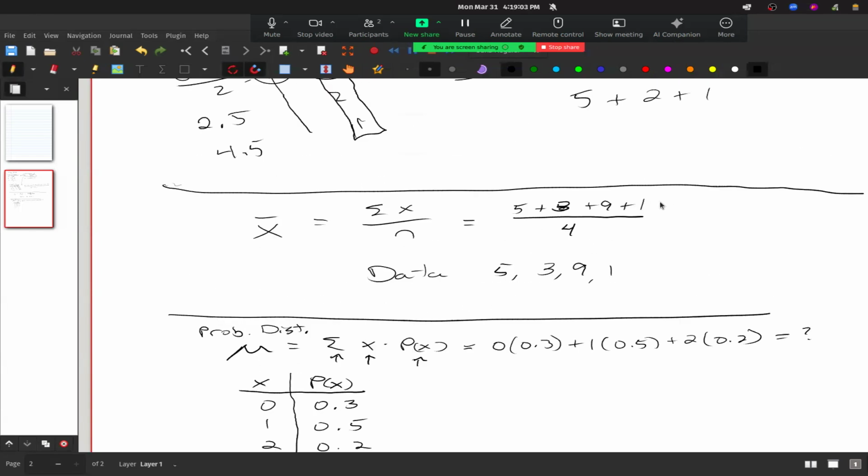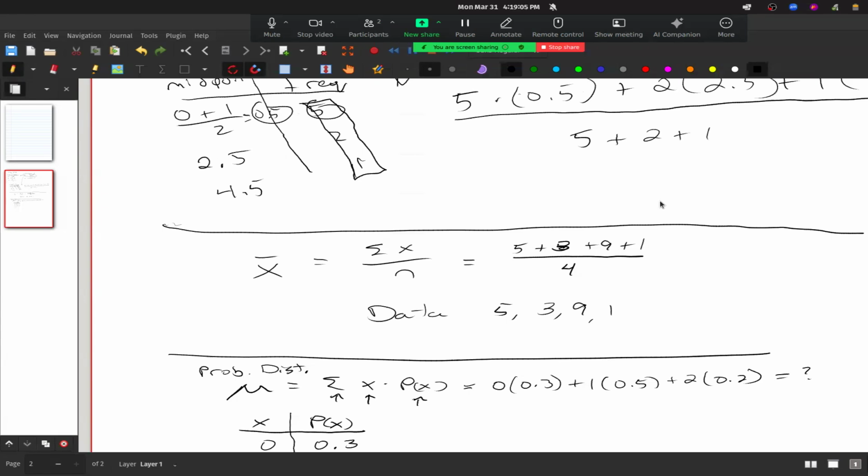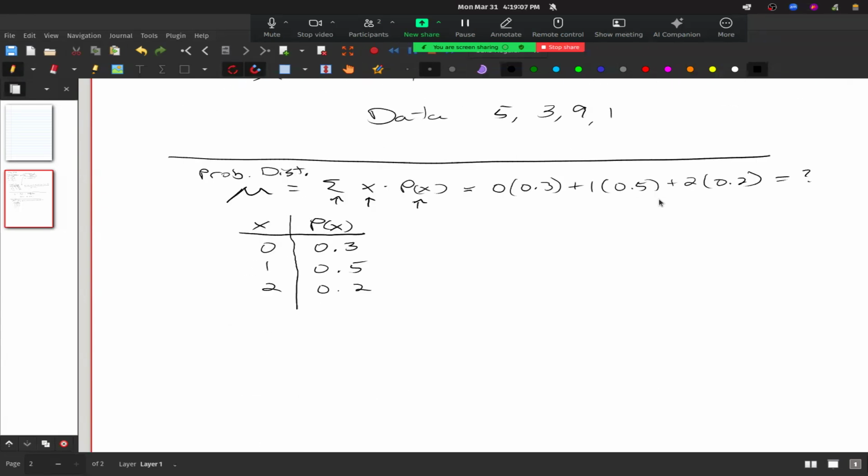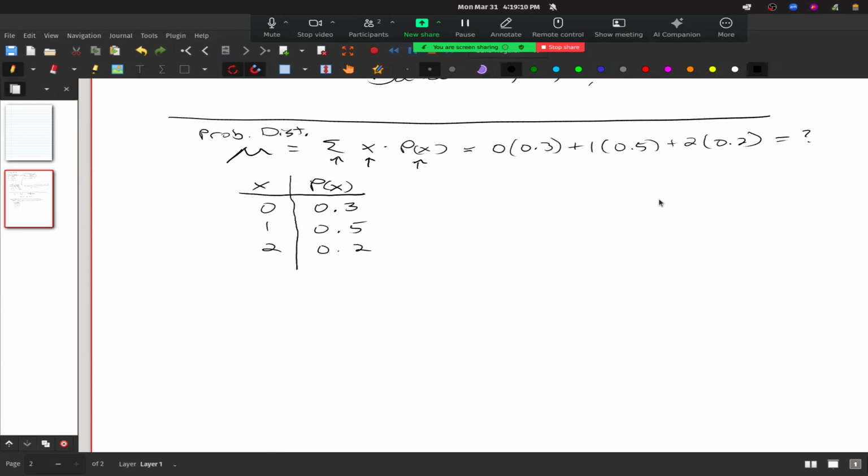All right, so we've got those three means. What that last one is, where it says mean equals n times p, that's kind of the same idea as the last one.